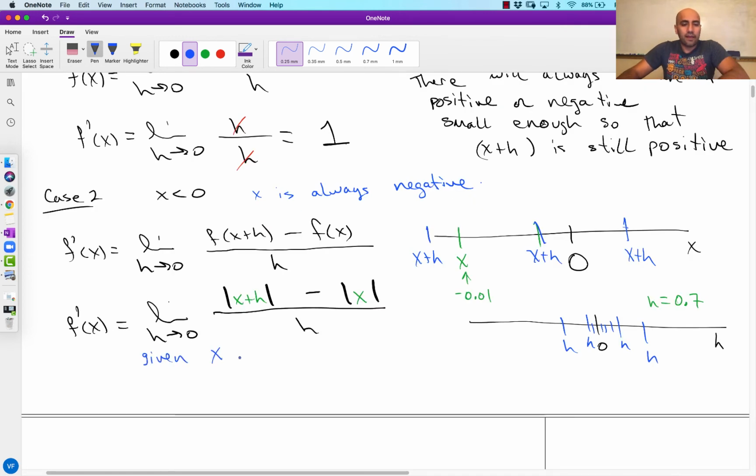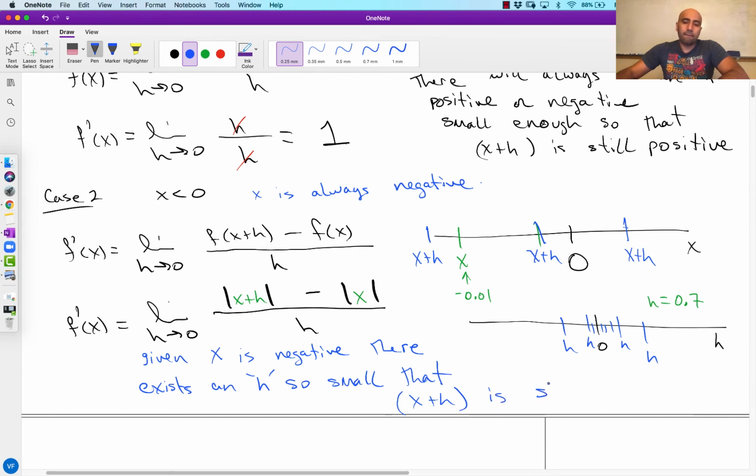Given that x is negative, there exists an h so small that x plus h, the addition of the two, is still negative.